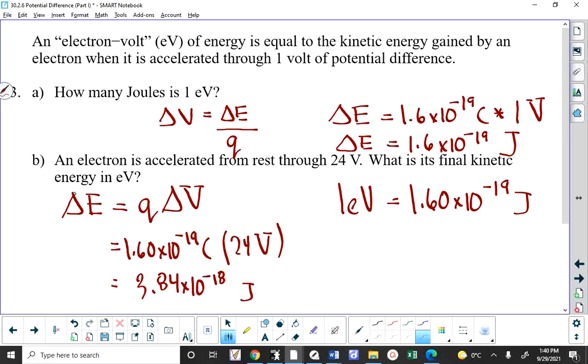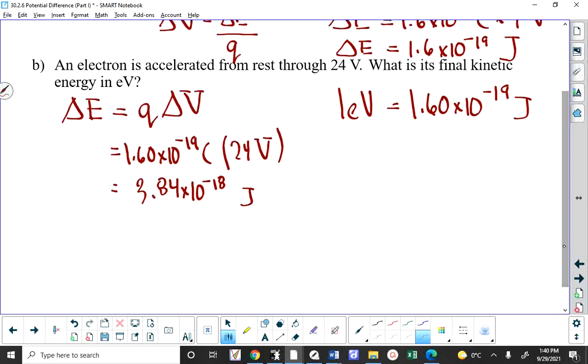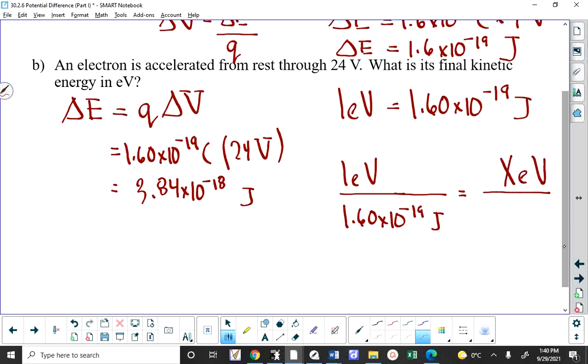So that's great, but we want to know the energy in eV. So you have to now convert this many joules to electron volts. And I suppose we could set up a ratio. We could say that 1 eV is 1.60 times 10 to the negative 19 joules. That has to equal X electron volts over 3.84 times 10 to the negative 18 joules.